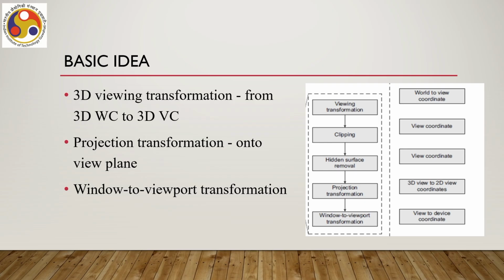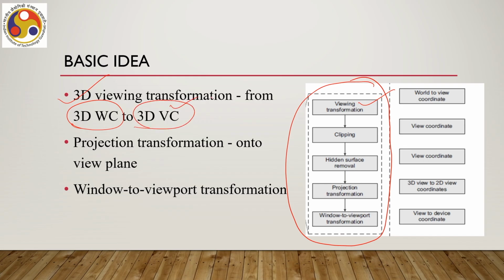So, view transformation essentially is this viewing pipeline having its own sub stages that simulate the process of capturing a photo. First we do a viewing transformation, 3D viewing transformation, where the 3D world coordinate description of the scene gets transformed to a 3D view coordinate description.